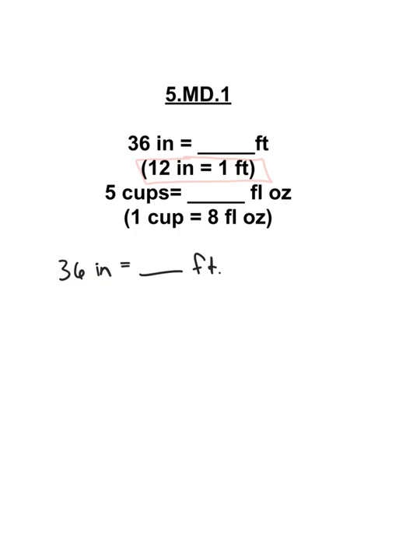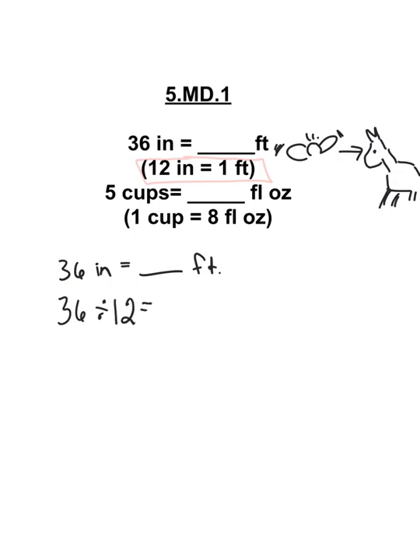So the rhyme for that is fly. This is a fly, in case you couldn't tell. Fly to horse. This is a horse, just in case you didn't know. Fly to horse, divide, of course. So I'm going to divide 36 by 12 inches in a foot, and of course 36 divided by 12 is 3, so that gives me 3 feet.